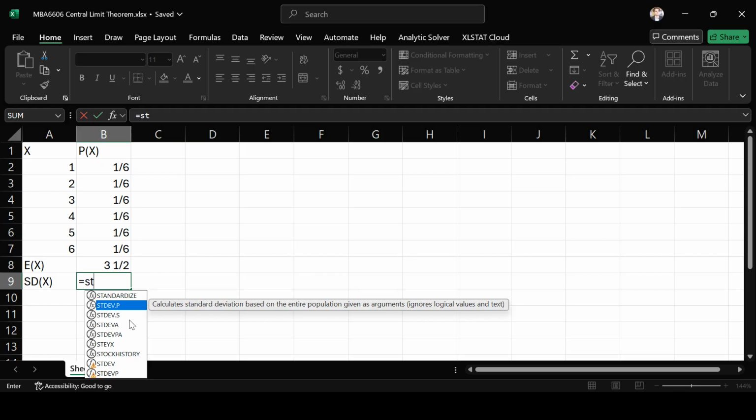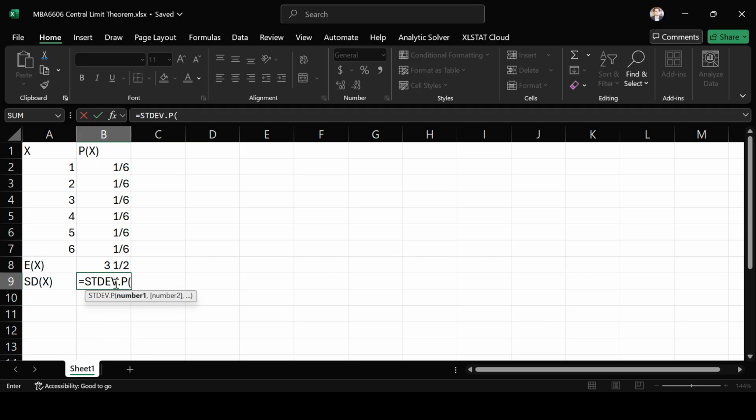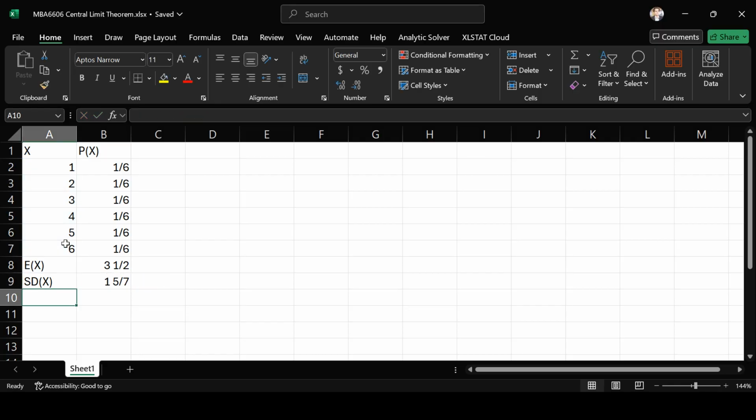We'll consider this as a population, and we compute it. That turns out to be the square root of 35/12. Let's represent this as a number. So that is 1.7108. Let's keep it to 4 significant digits.